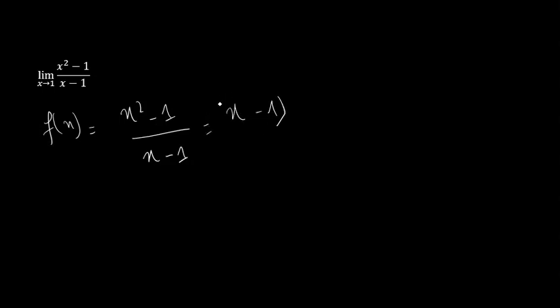For that, we have to use some algebra to simplify the function, which means we're going to write f(x) equal to x squared minus 1 over x minus 1. How can we write x squared minus 1? x squared minus 1 is x minus 1 times x plus 1 over x minus 1.